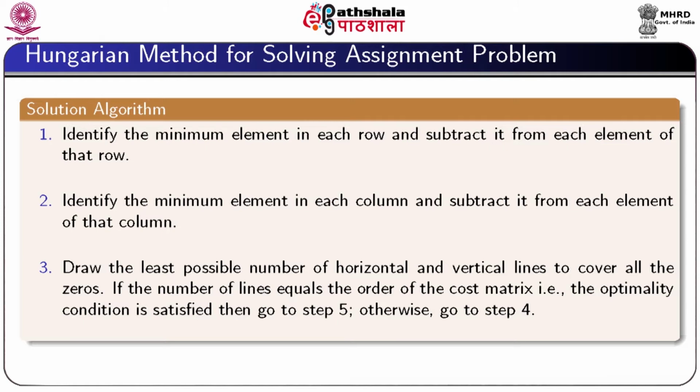So, in order to solve these difficulties which arise when n is significantly large, a very efficient method was developed by a Hungarian mathematician D. Koenig, and by his name the method is called the Hungarian method.